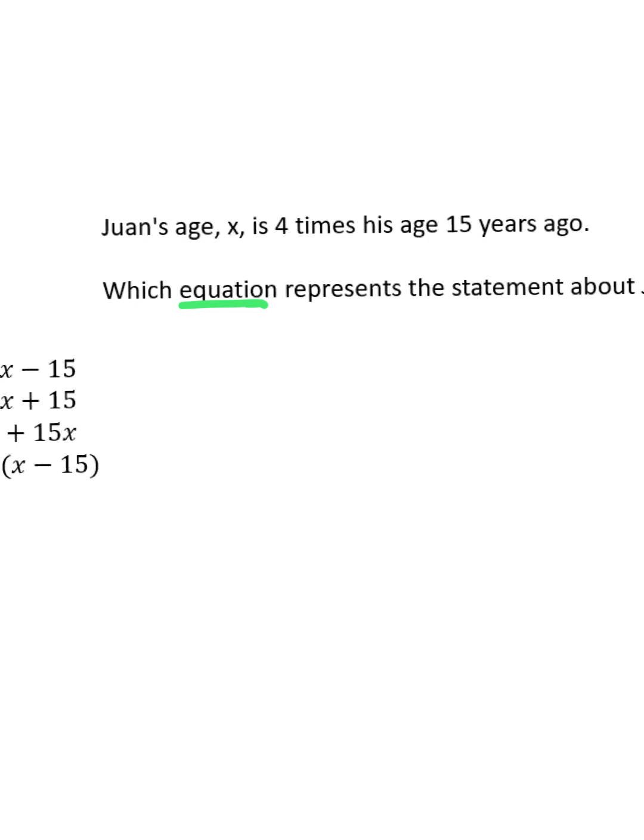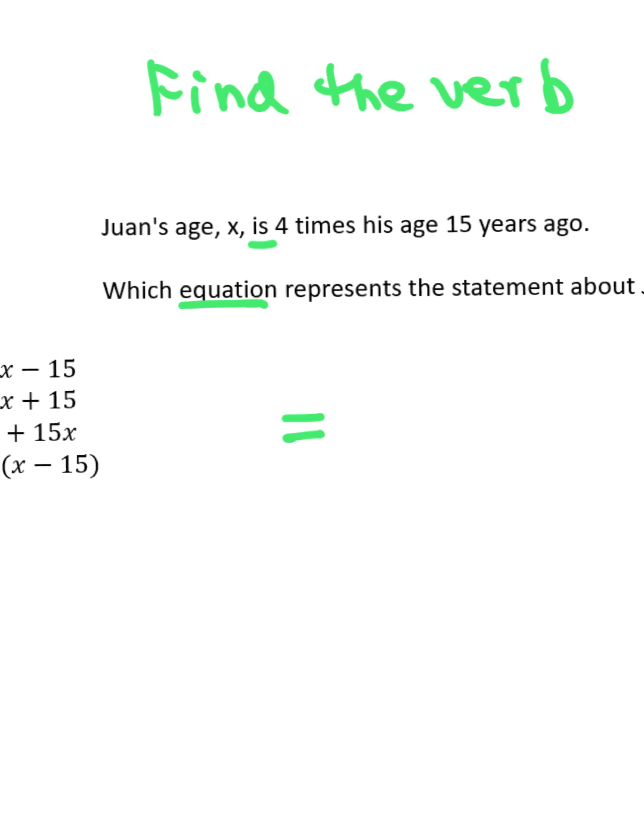I'm going to read, and the first thing I'm going to do when writing an equation is to find the verb. Remember, we said that in most of these, the verb is going to be the word is. So what I would do on this one is put an equal sign where is.